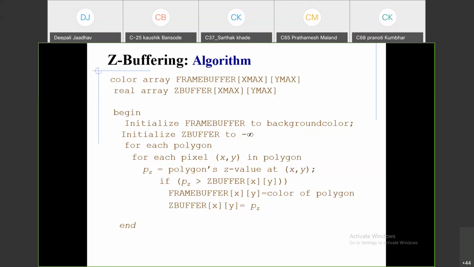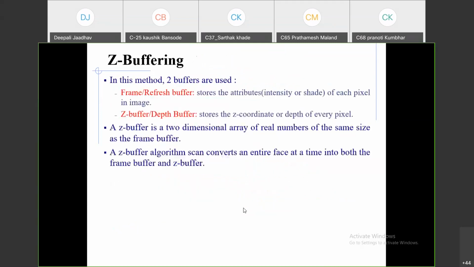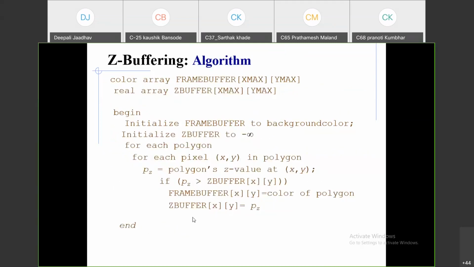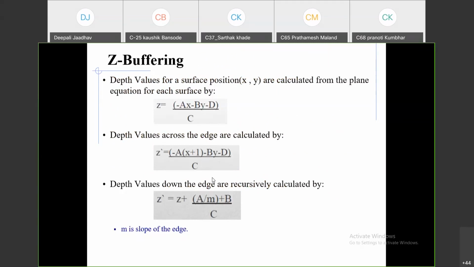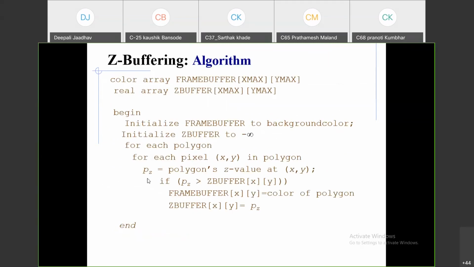So for each polygon, for each pixel (x, y) in the polygon. As I told you, if there are 100 pixels, each and every pixel is considered here. For each pixel with (x, y) in the polygon, pz is the polygon's z value at (x, y), and this is calculated with these equations. So using the x and y positions, the z value is calculated and stored in pz.